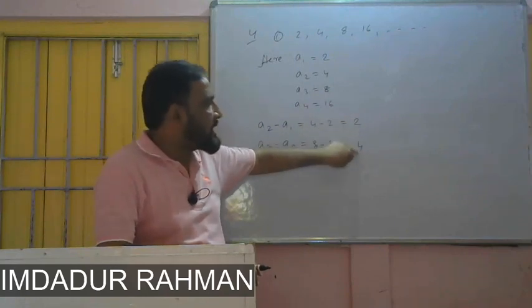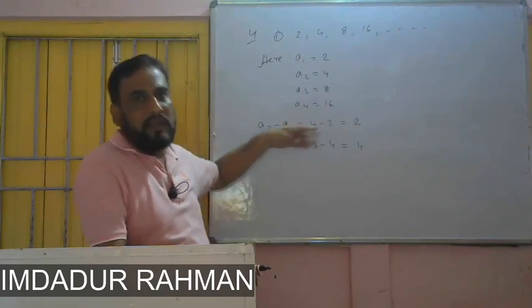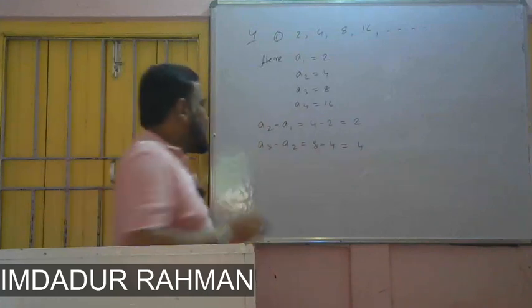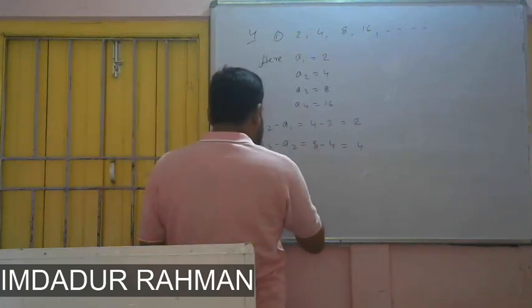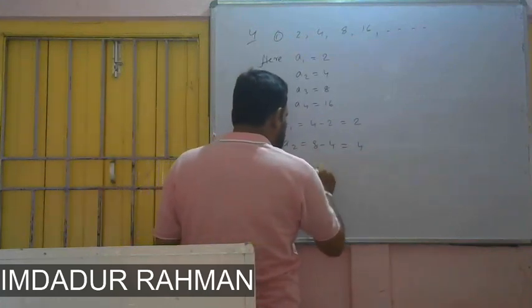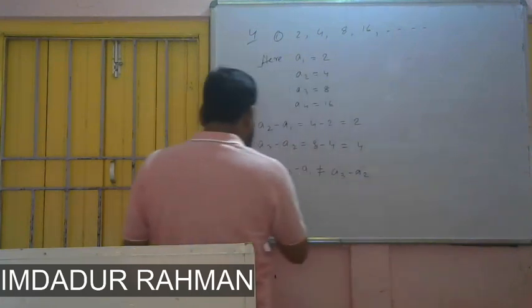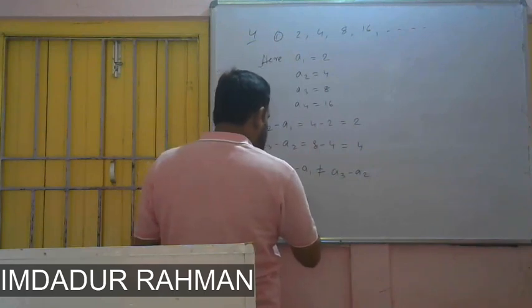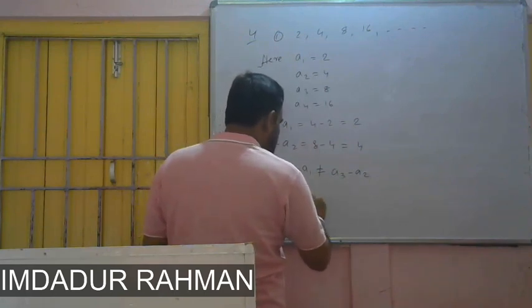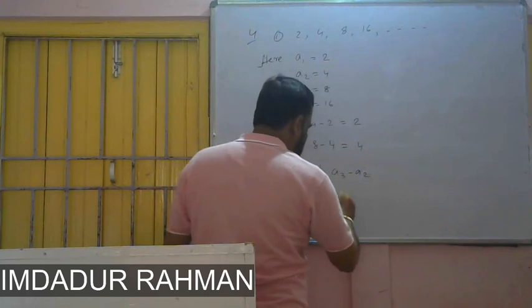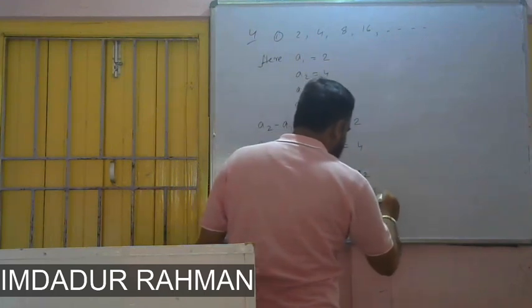So these two differences are not common. So we will say that CD is not equal. Since a2 minus a1 is not equal to a3 minus a2, therefore the given series is not an AP.